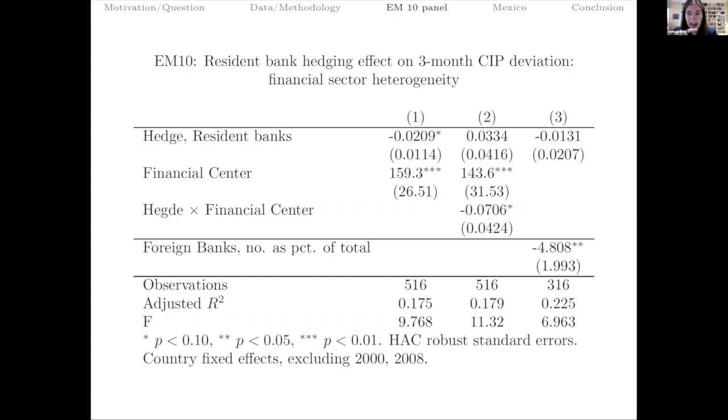So when I add the financial center dummy, this is just for Hong Kong and Singapore, the level of the basis will be more narrow, right? So being a financial center, your deviation will be smaller. But even so, the domestic banking sector's hedging requirements are associated with this widening. That's the negative coefficient on the hedge, and the negative coefficient in column 2 when it's interacted with the financial sector.